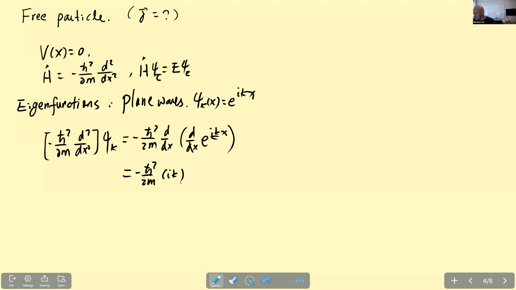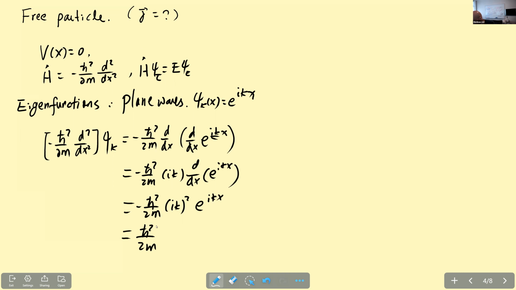Then you do this again, and this gives you another ik. So that gives minus h bar squared over 2m (ik)² e^(ikx). So the result is simply h bar squared over 2m k² e^(ikx).